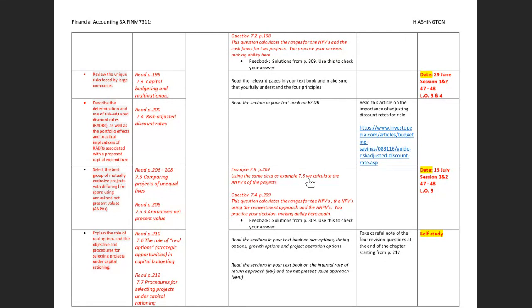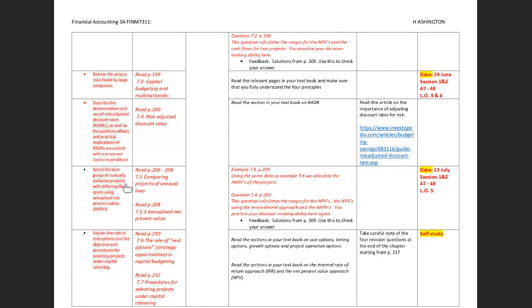So we use the same data as we used in example 7.6, and examples 7.7 and 7.8. I just haven't listed all of them.